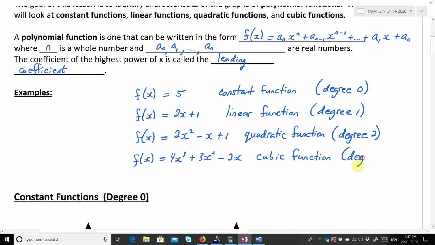And it is of degree 3 because the highest power of x is x to the 3, as you can see. Okay, so the powers of x have to be x to a whole number. And you can have coefficients of any numbers in front of those powers of x.